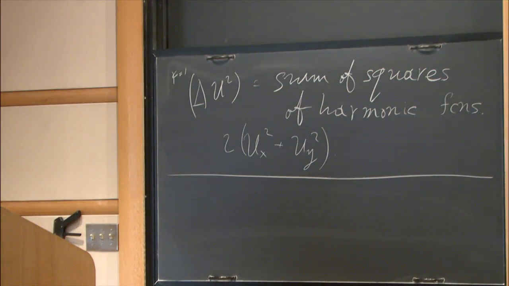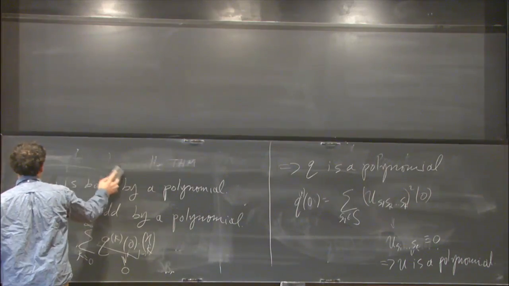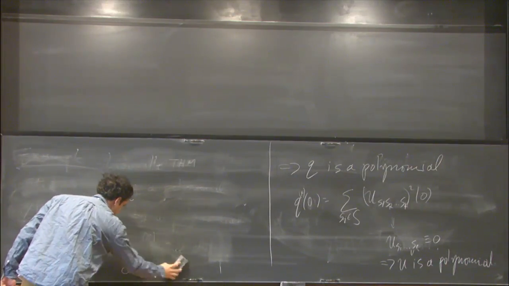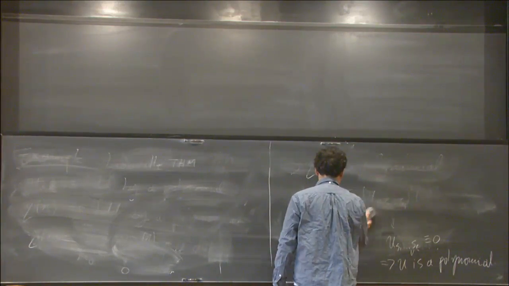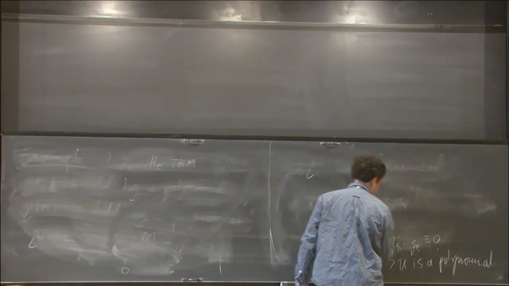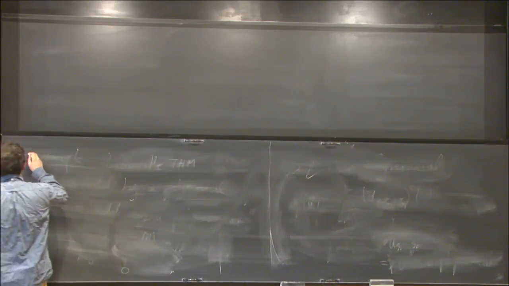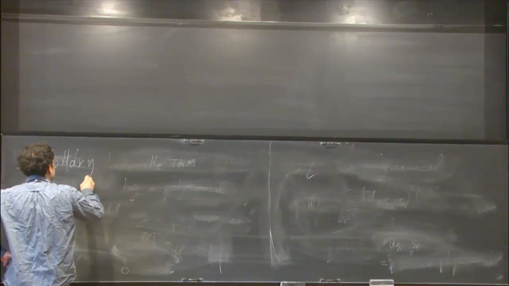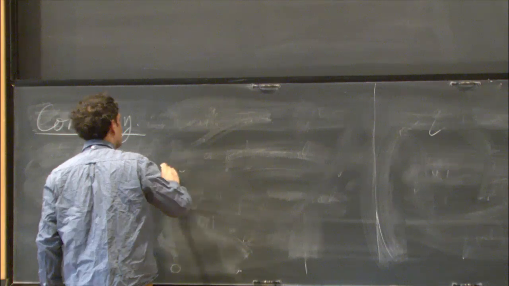So as a corollary, we get logarithmic convexity of the Q function, but it's a little different from the case in R^n.